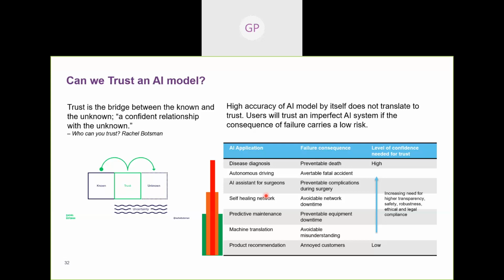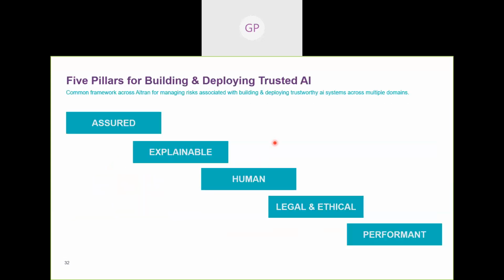Trusting an AI model becomes a very important part. Symbolic AI is explainable, yes, but non-symbolic AI, the one which is machine learning and deep learning, is not. But how do we make it explainable? At Altron, we have built a common framework, and one of our sister companies is Tesla, which is purely an AI consultant company.